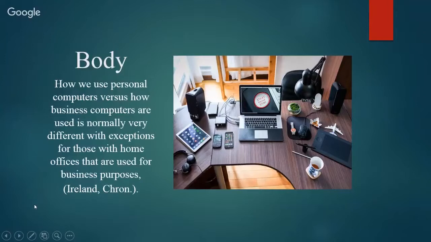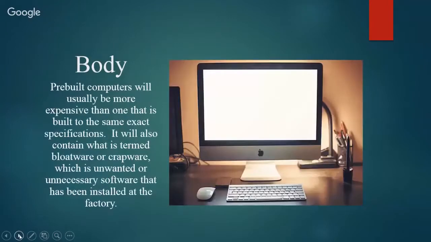I have one of those right now that I'm using for this, a factory-built business laptop. Pre-built computers usually are more expensive than one that is built to the exact same specifications. They also will contain extra software, trial versions and stripped down versions of different things like word processing software and antivirus, and sometimes other things like MP3 music software and stuff like that.